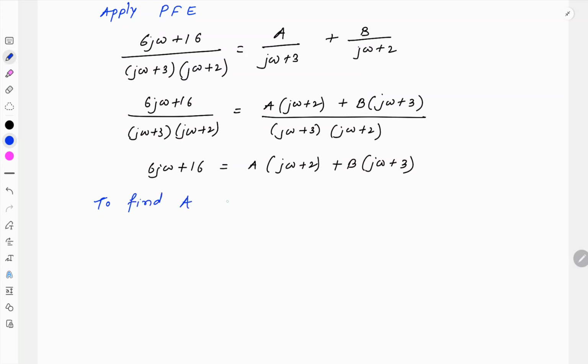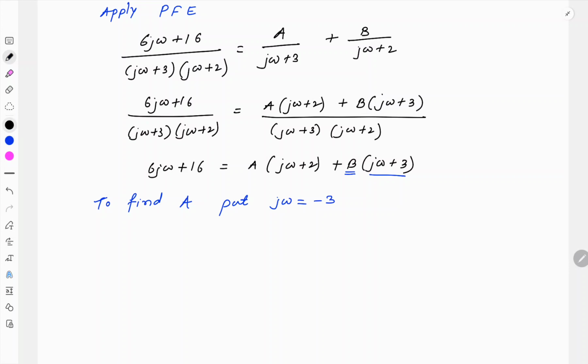To find out A, we have to substitute jω in such a way that the second term becomes 0, so B becomes 0. So jω should be equal to minus 3.